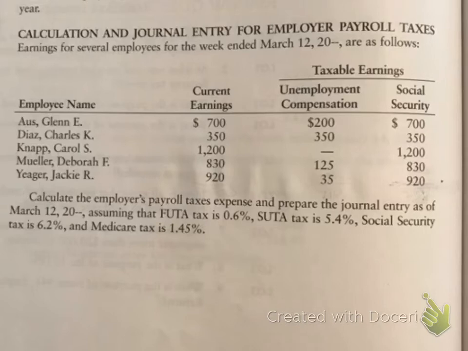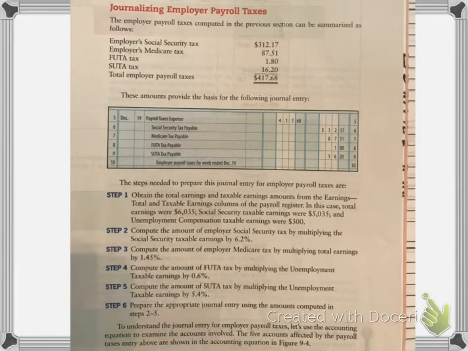So, if you remember, any time that you have to calculate employer payroll taxes, you need to refer back to those 6 steps that are presented for you on page 321 in your textbook. So the first step is to obtain the total earnings and taxable earnings amounts from the earnings, total and taxable earnings columns of the payroll register.